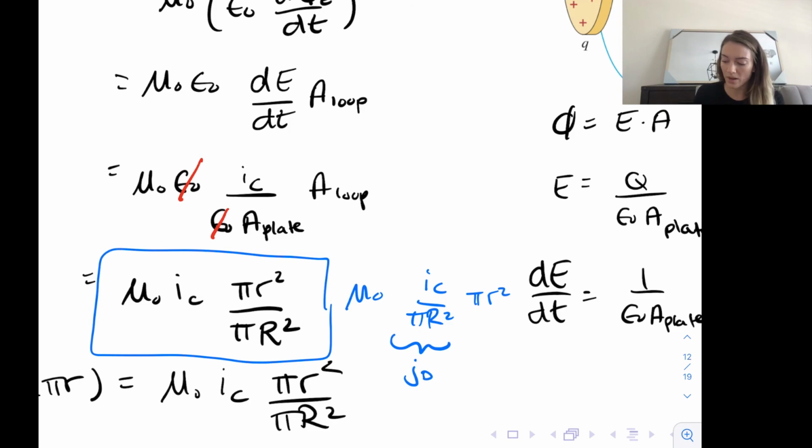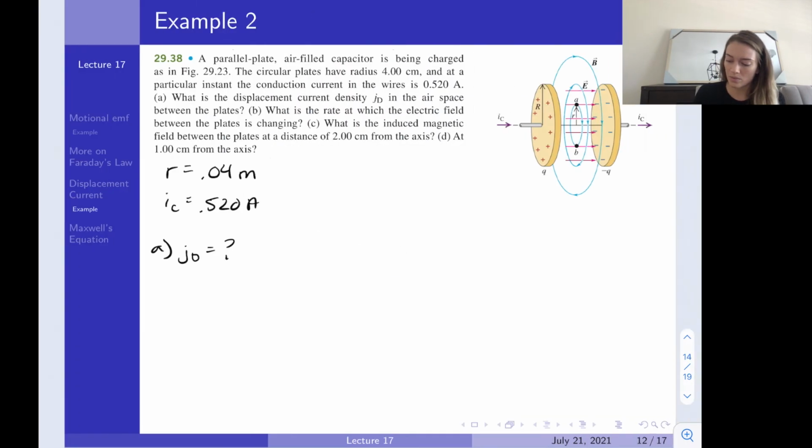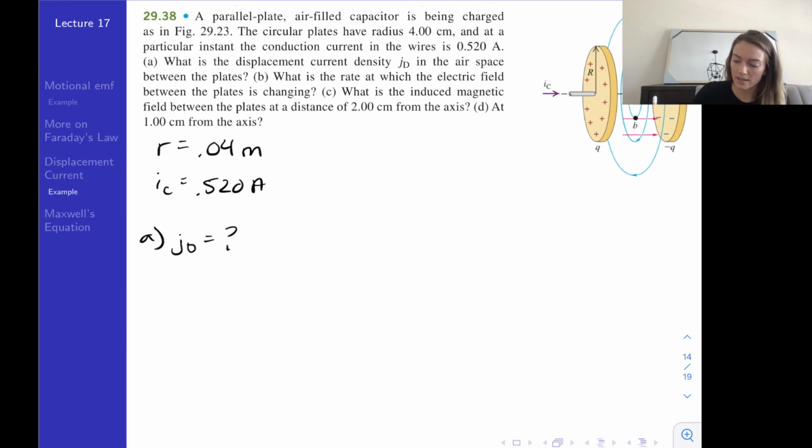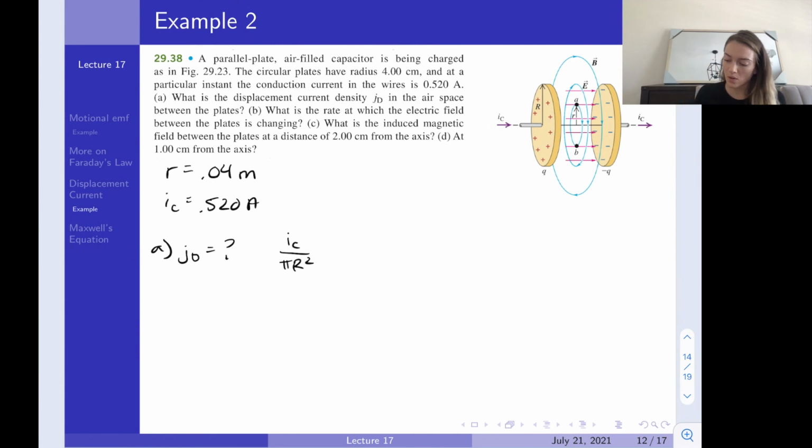So J_D we can just write as the current in the wire divided by the area of the plates. If you want to derive it the long way, I'll put that in my full notes as well. So, okay, this is our current density.